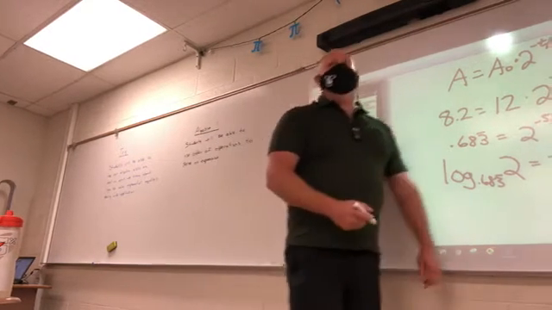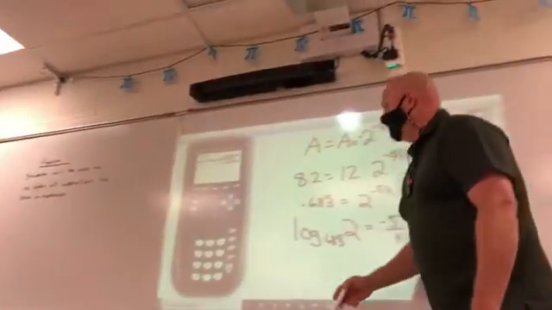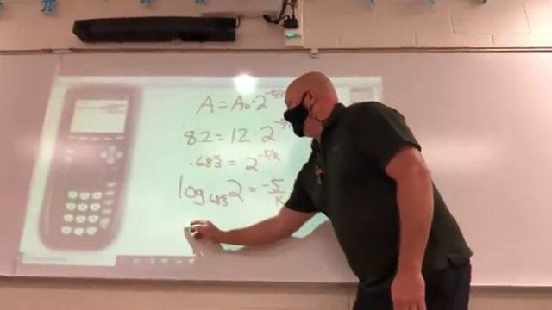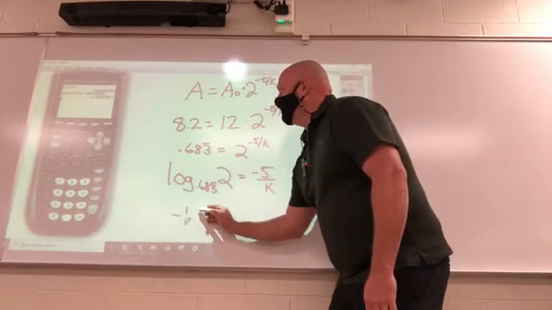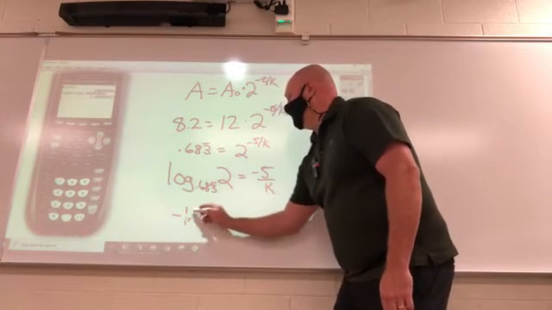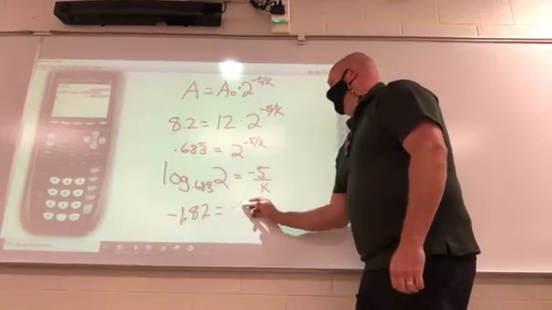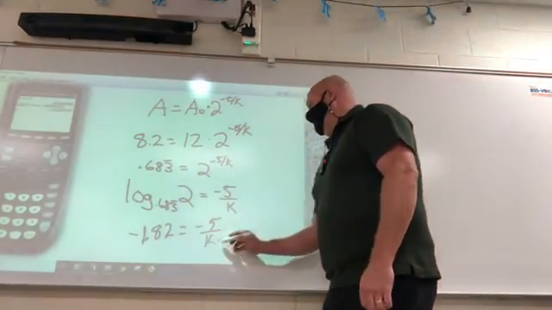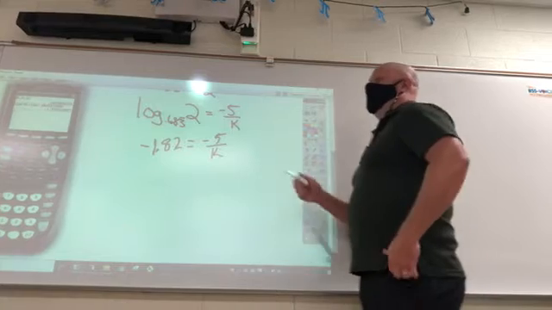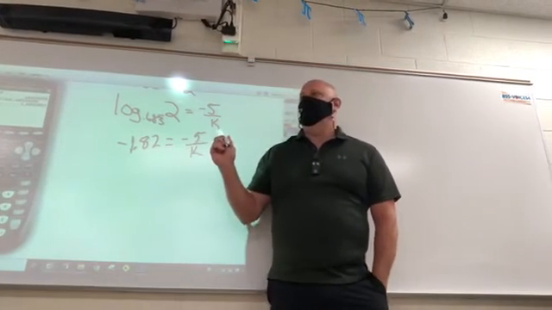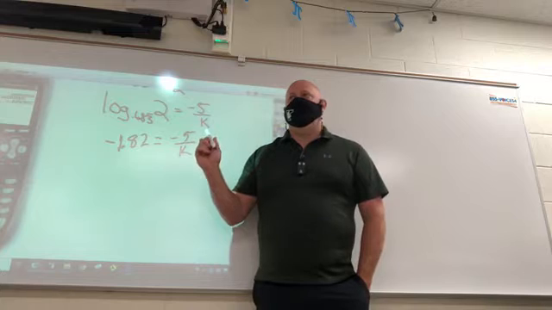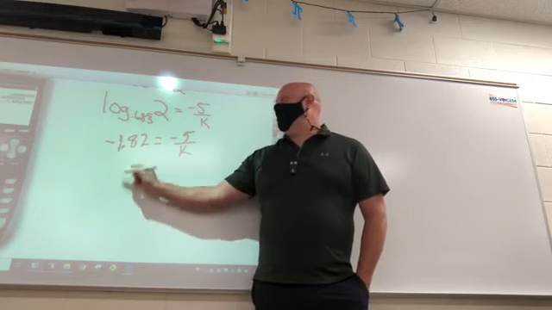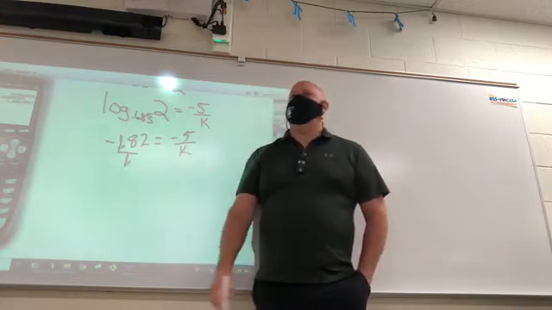Now, here's where a lot of people get confused. So I've got negative 1.8 whatever is equal to negative 5 over k. How do I solve that? Think of it like a butterfly problem.